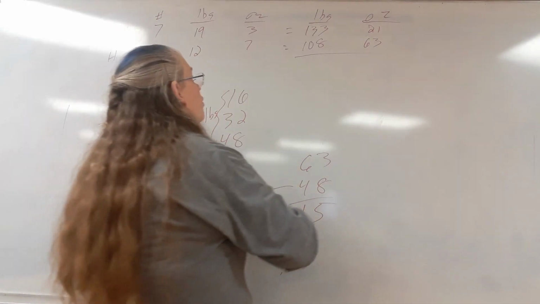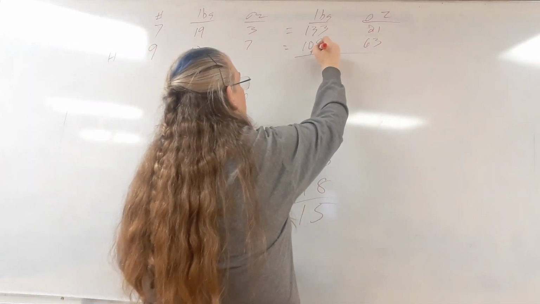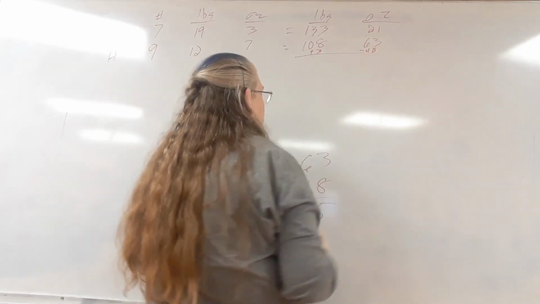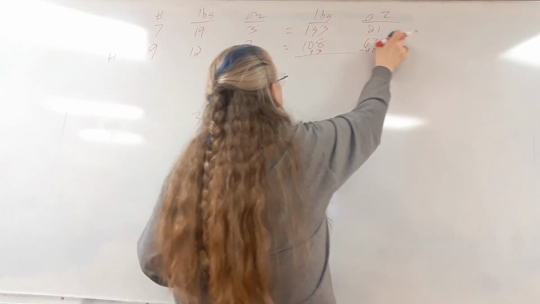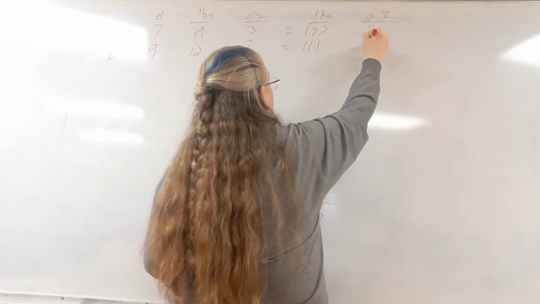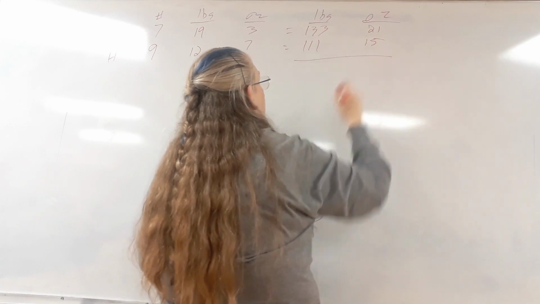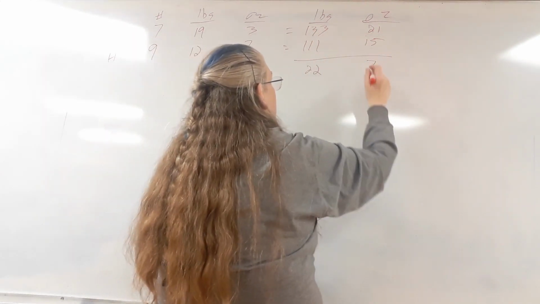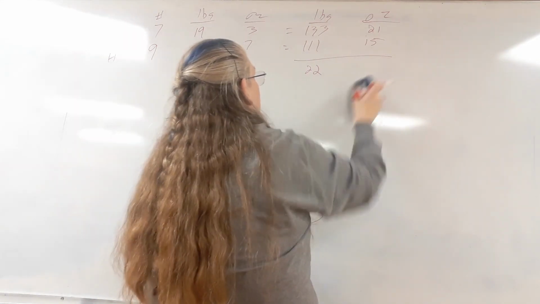So we need to add 3 to the 108 and subtract 48 here. If we do that, we have 111 and 15. So we have 22 pounds, 6 ounces.